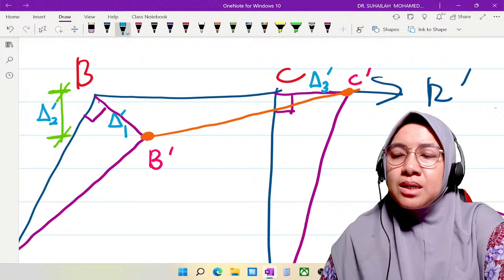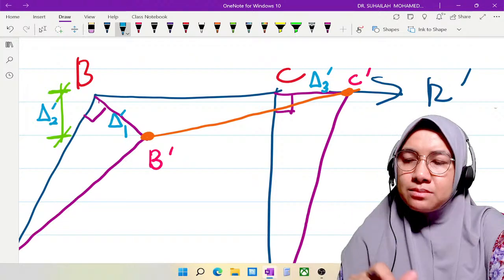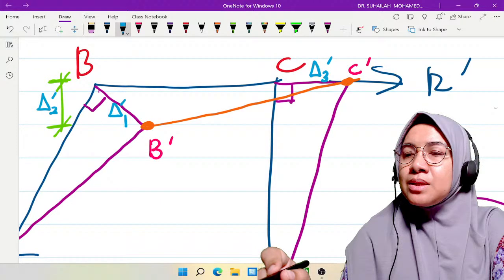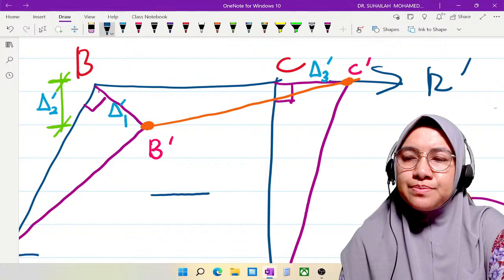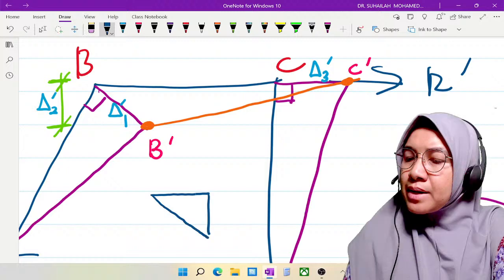If we combine all this, delta 1 prime, delta 2 prime, and delta 3 prime. Delta 3 is a horizontal displacement. Delta 2 is a vertical displacement. When we combine, we get it like this.